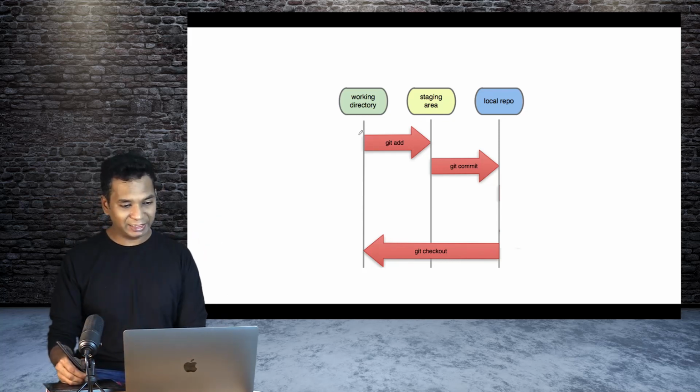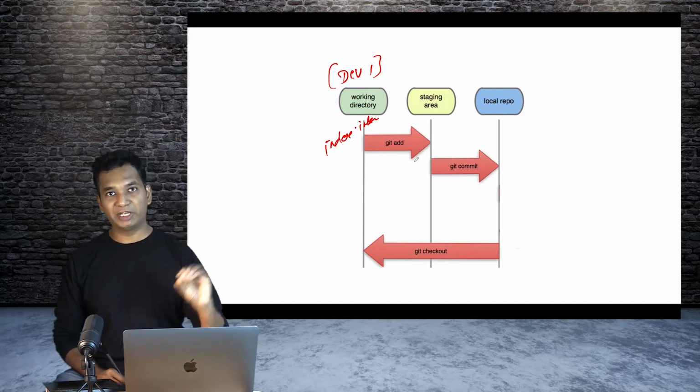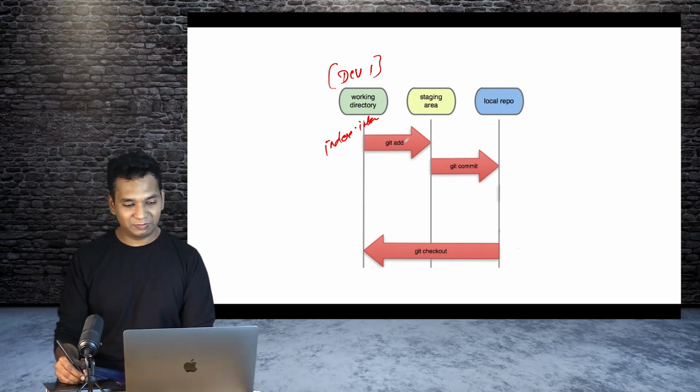So we have added in the working directory, which in my case is dev1. In this directory, I have added a file called index.html, put some code in it, and then I use the command git add. It staged the changes.